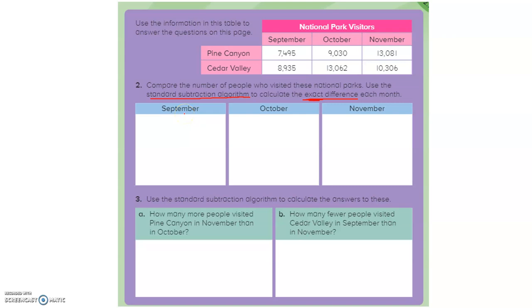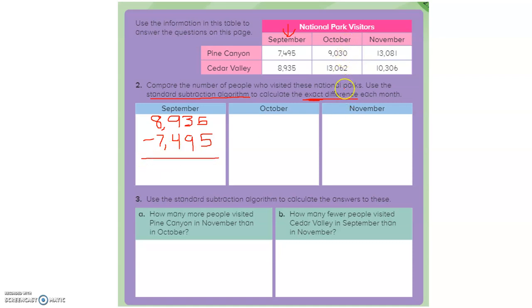So in September, right here, you are finding the difference. So don't just line them up like this, you have to line up the larger one first. So it would be 8,935 minus 7,495.